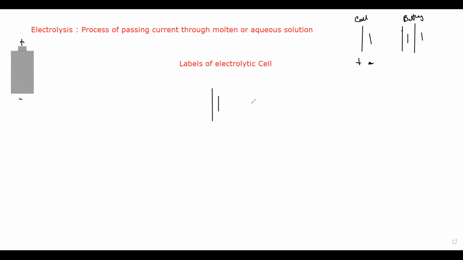The symbolic representation of a cell is two lines, one longer than the other. The longer line represents the positive terminal, and the shorter line represents the negative terminal. Same thing for a battery as well.